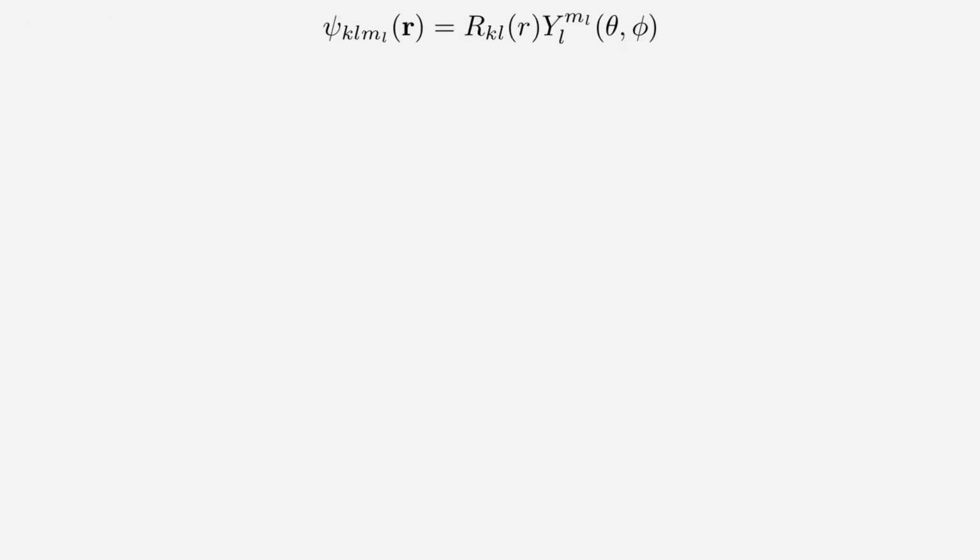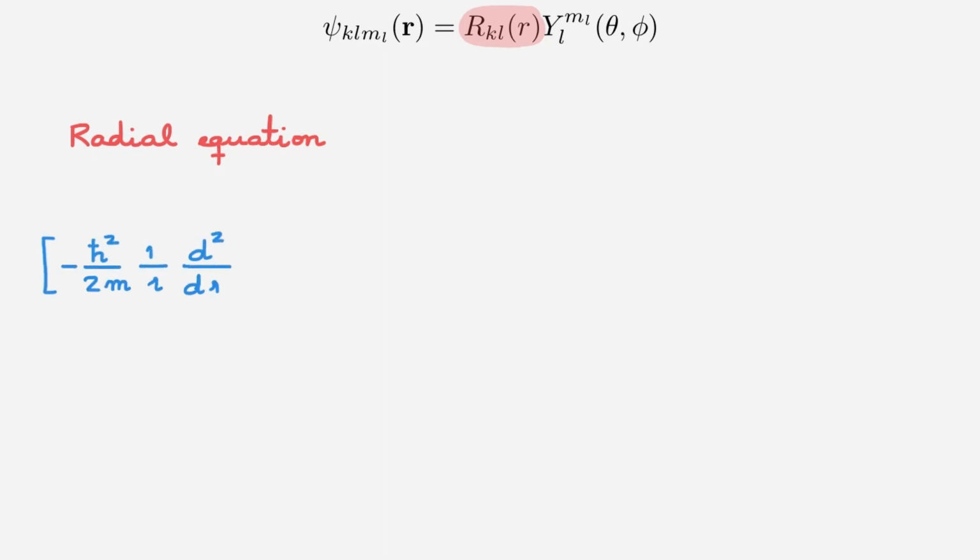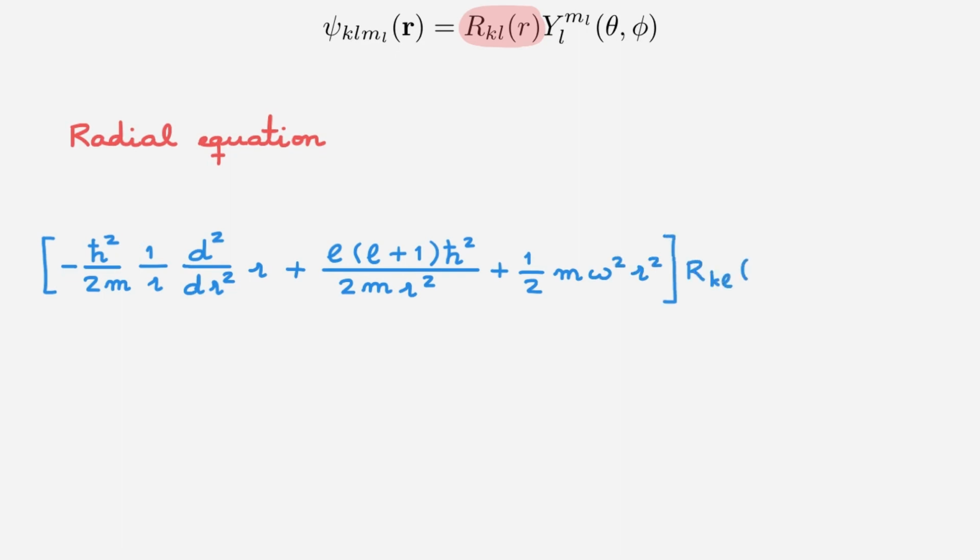So, all we really have left to do is to determine the radial part of the eigenfunctions. As we learn in the videos on central potentials, the radial function obeys the so-called radial equation, and we have a full video discussing some general features of this radial equation. Just as a quick reminder, what we learn in that video is that the radial equation is given by a kinetic energy-like term in the coordinate r, a term that depends on the l quantum number, and the central potential itself, all acting on the radial function, and equal to the energy eigenvalue multiplying the radial function.